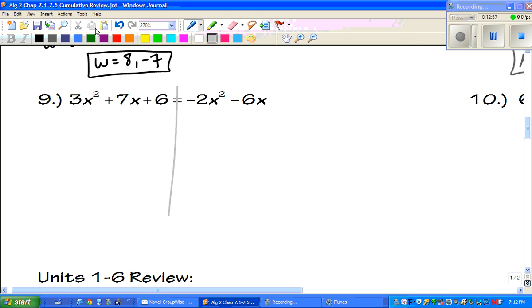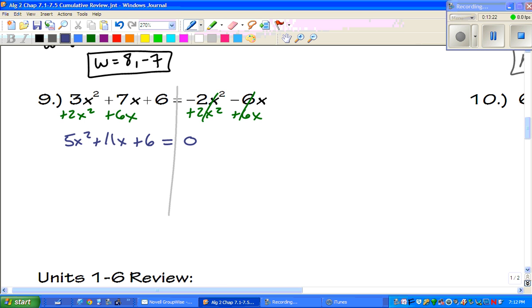So what we're going to do is take everything on the right side and add it to the left side. Those cancel, and now we're left with 5x squared plus 11x plus 6 equals 0.